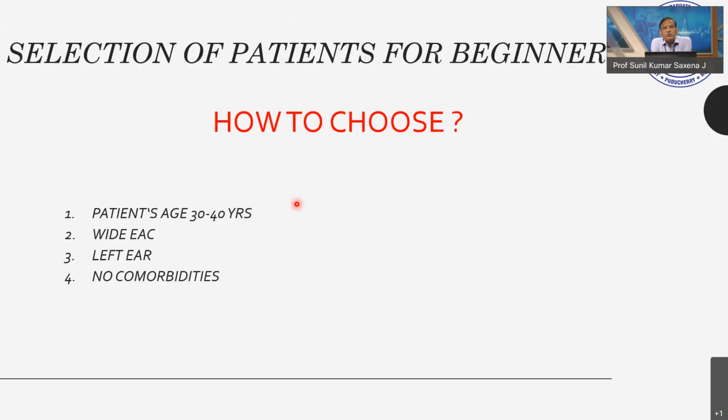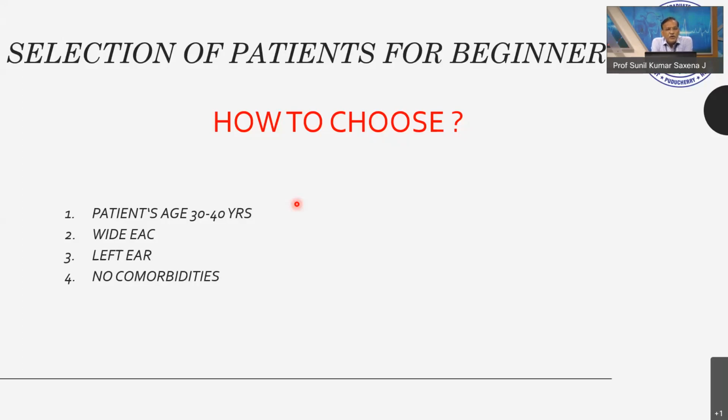Preferably, the patient should be 30 to 40 years. Second thing, when you are doing autoendoscopy for this patient, if the patient was struggling or not tolerating, this is not the patient for endoscopic ear surgery under local anesthesia.